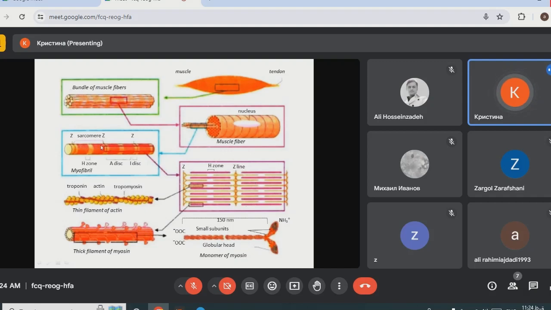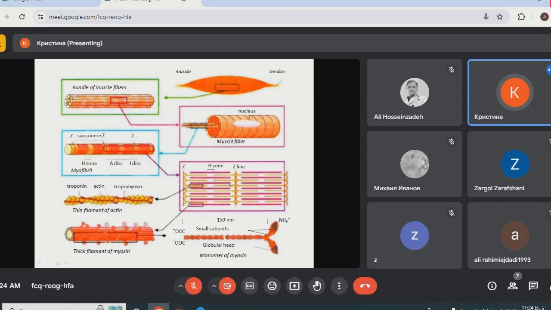And the part of myofibril from one so-called Z line till another Z line, here you can see that line, and here also a Z line, this part will be called a sarcomere. A sarcomere is the subunit of myofibril. Myofibril consists of many sarcomeres.